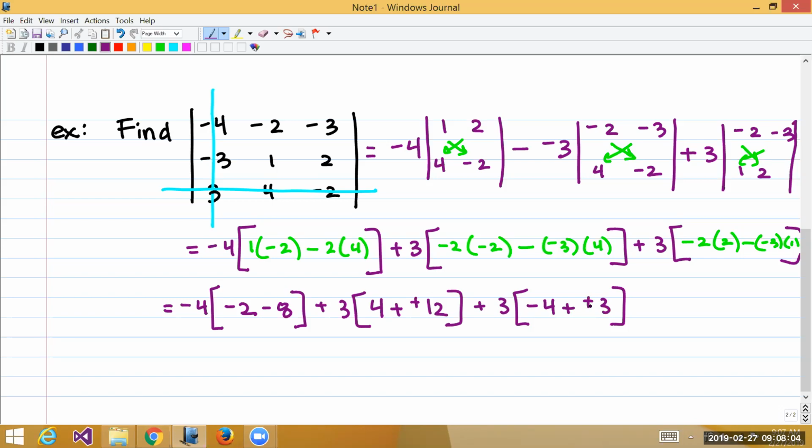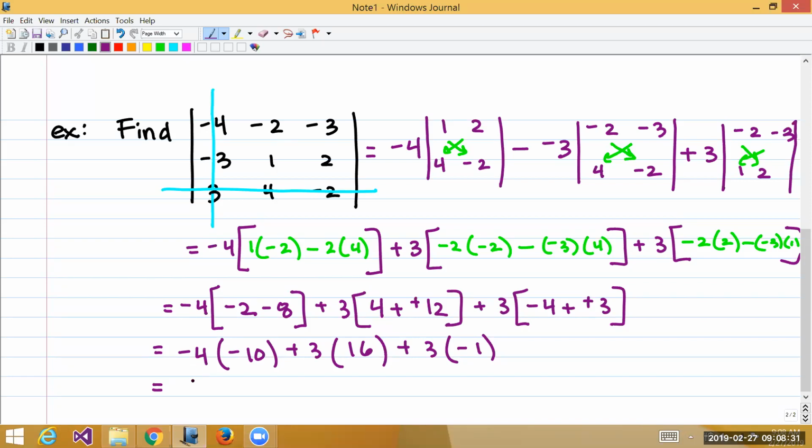Now we need to go ahead and simplify the parentheses first and then do the multiplication and then add everything together. So that gives us negative 4 times negative 10 plus 3 times 16 plus 3 times negative 1.